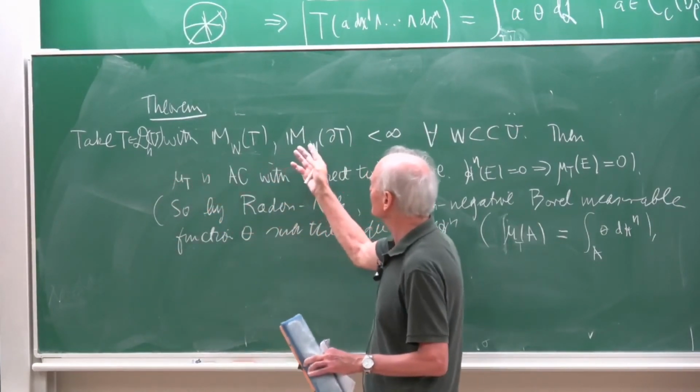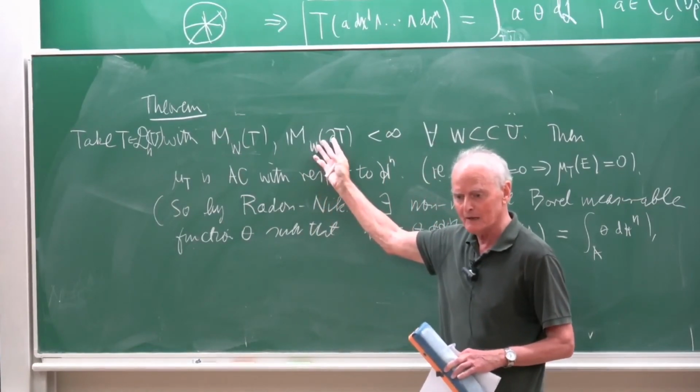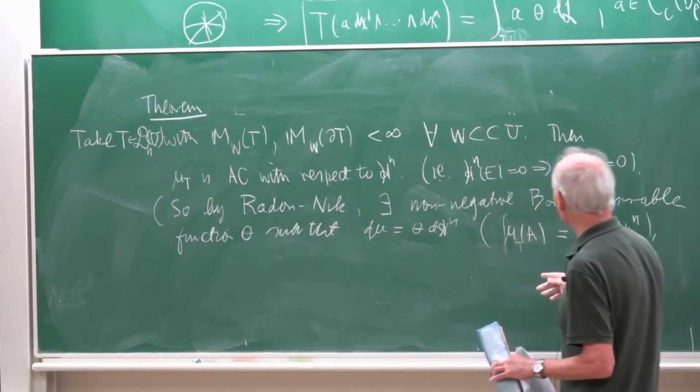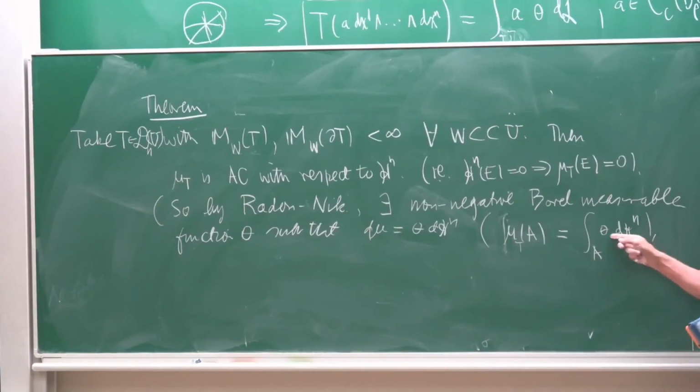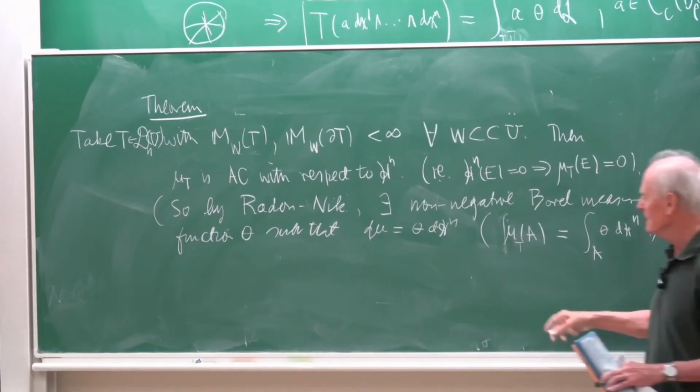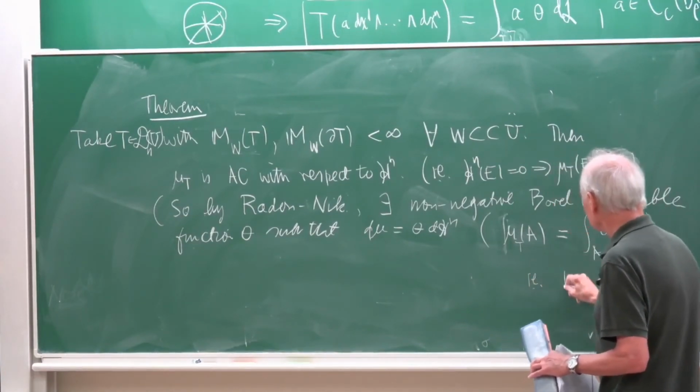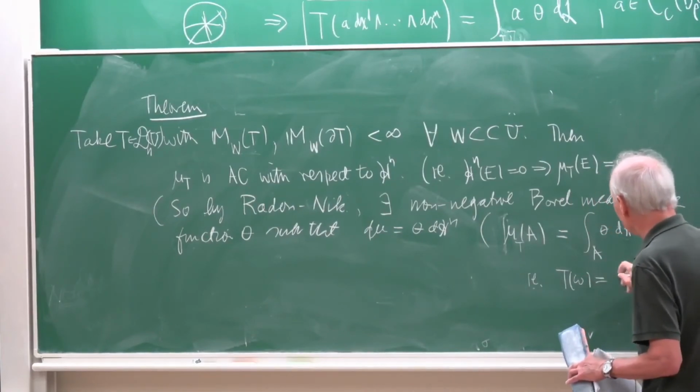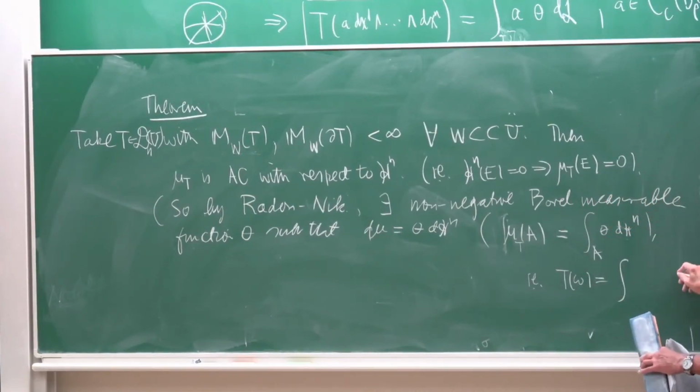But now, if you also assume the boundary has finite mass, then you do indeed get theta dH^n. So that means that T omega, when you represent it by integration, instead of just getting an abstract measure mu T here, looks like the prototypical example. You get theta dH^n, just like the prototypical example.